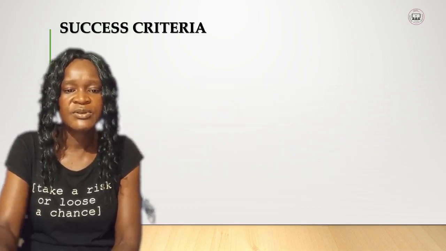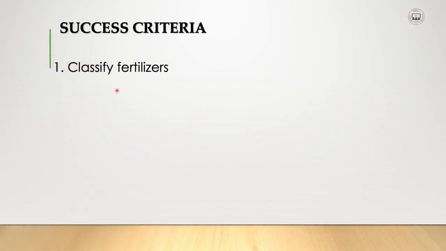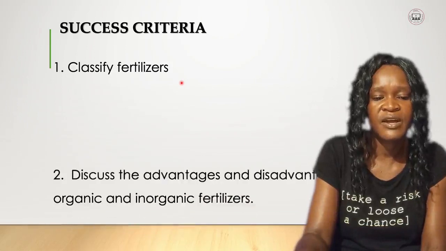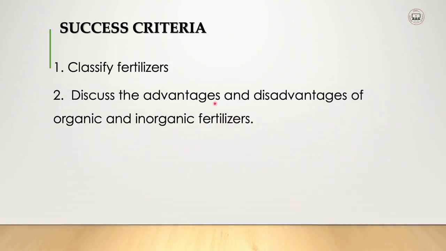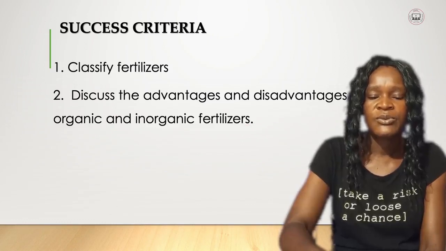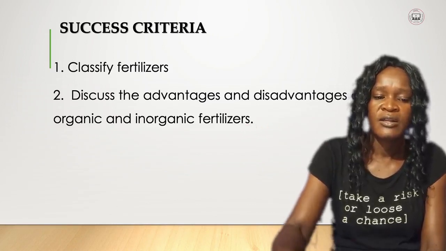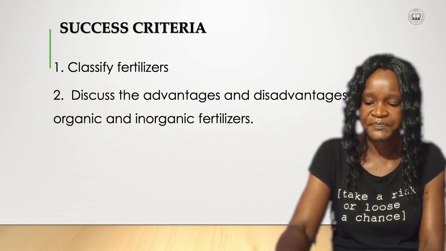In this lesson, of course, we will classify fertilizers, and apart from that, we are going to discuss the advantages and disadvantages of organic and inorganic fertilizers. And we are also going to look at the characteristics of those classified fertilizers.